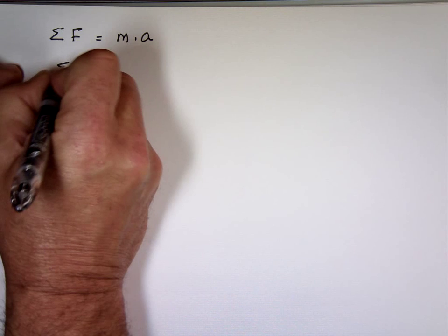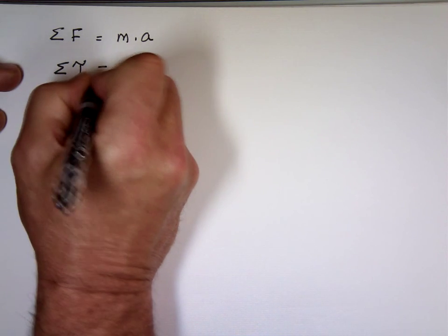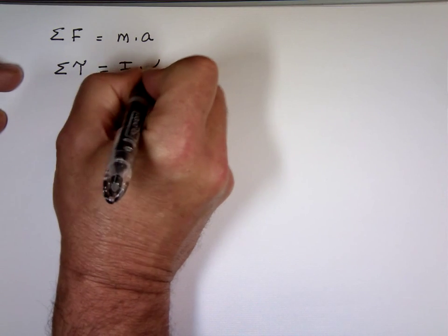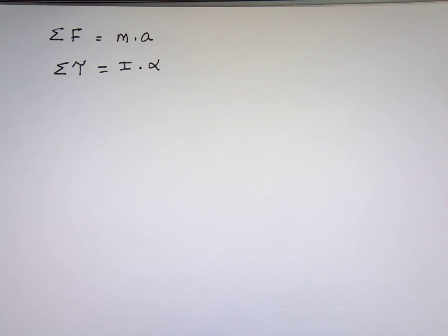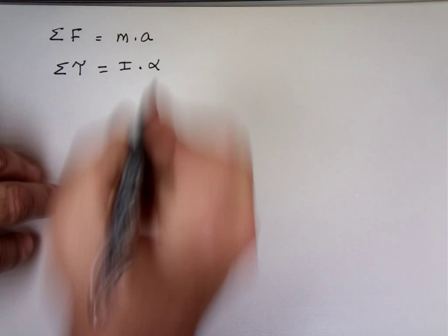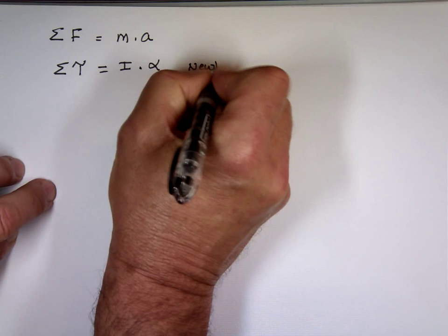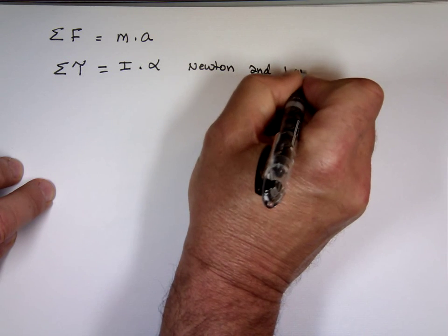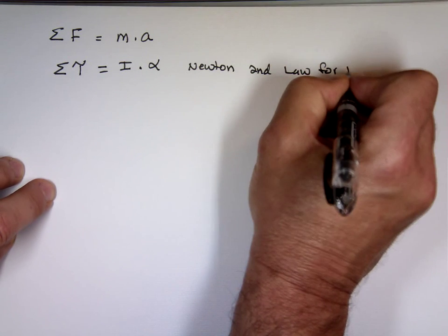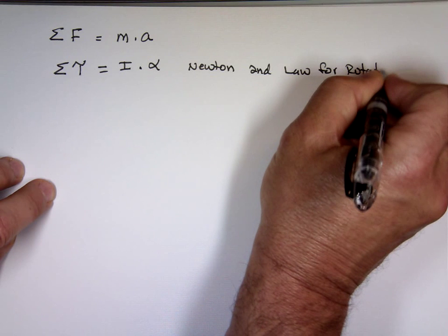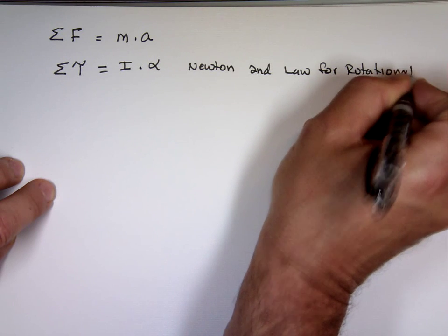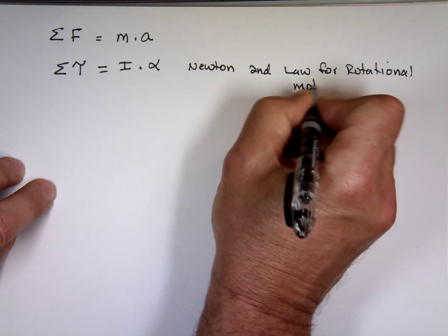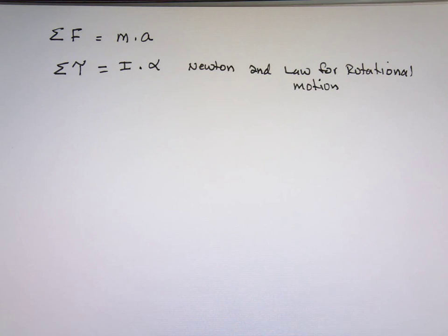We're going to change it to the net torque equals inertia times alpha. This is Newton's second law for rotational motion, for a thing that's spinning. That's Newton's second law.